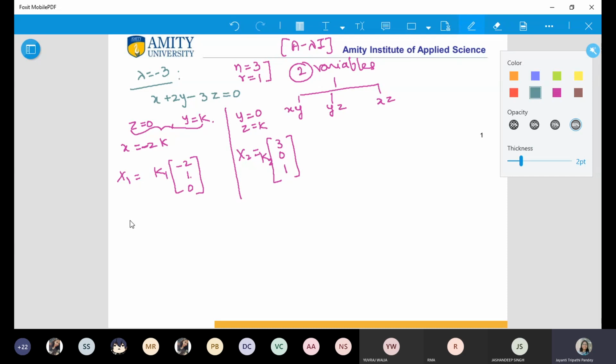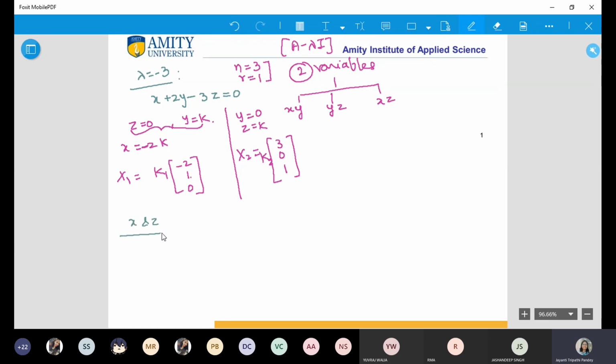Suppose I put z as 0 and x as k. Then what will be the answer? I'll get x1 equal to, z is 0, x is k. What will be your y? Minus half. When you multiply this entire thing by minus 2, you will get the same answer.